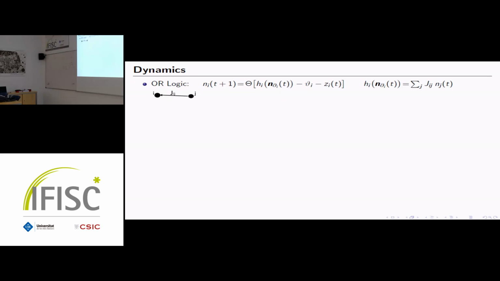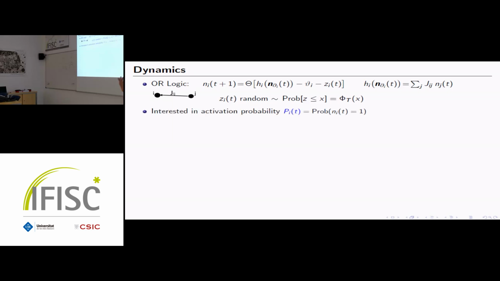Here we have all the neighboring genes J that interact with I. We are calling NDI just the states of the in-neighbors of gene I. And Z was a random variable for biological noise, drawn from some distribution whose cumulative we call phi.